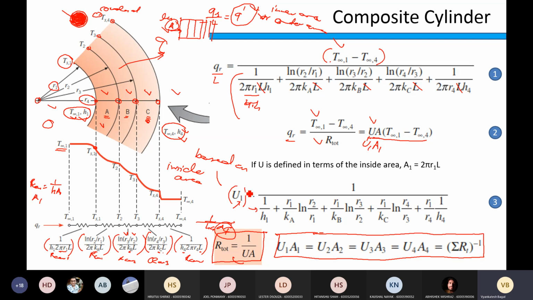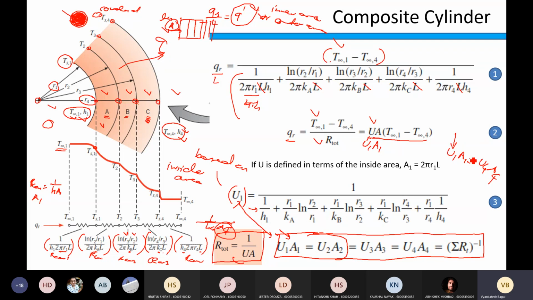So it is not needed that you should remember how to place the overall heat transfer coefficient on the outer surface area. Once you base it on inner surface area, simply find out U1, put it here. A1 is already known to you, and use this expression, U1 A1 is U4 A4.